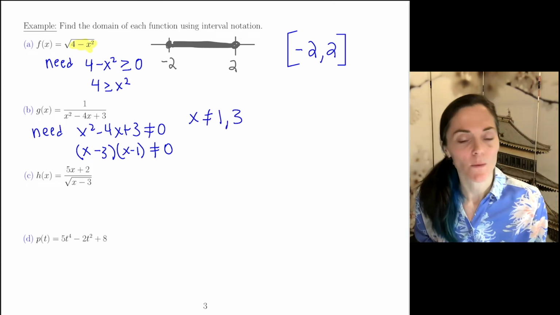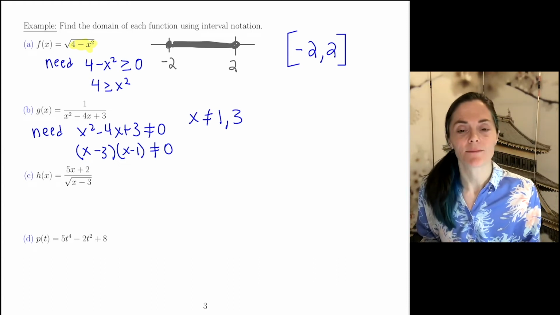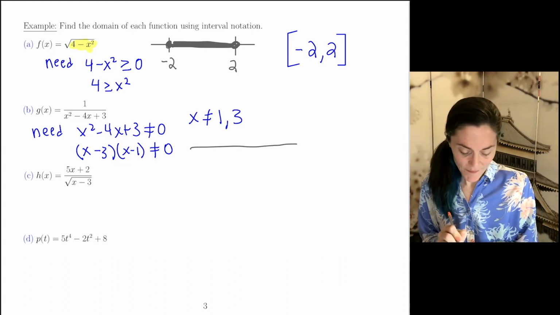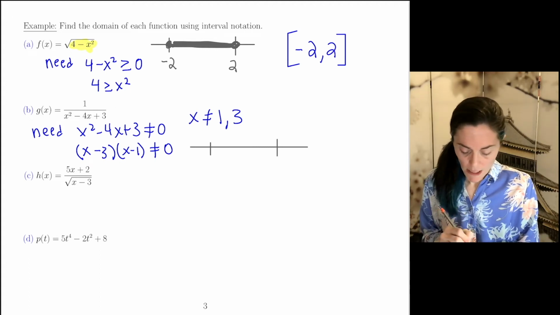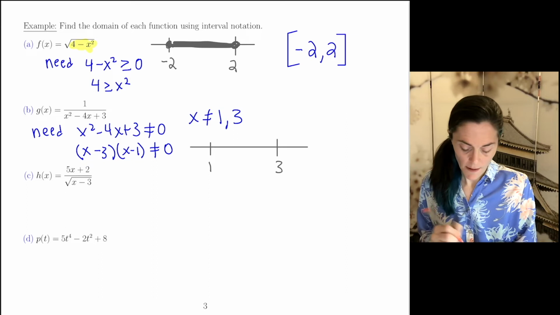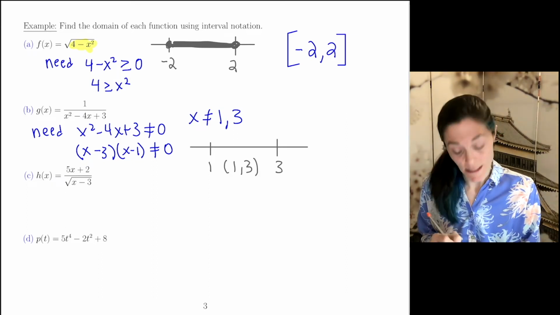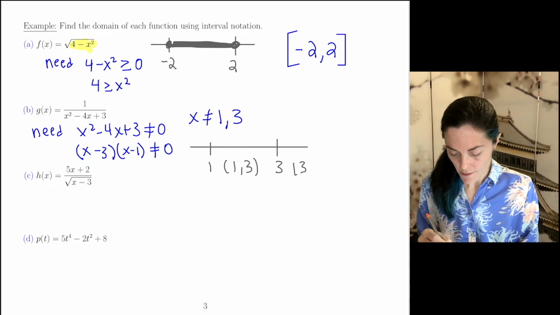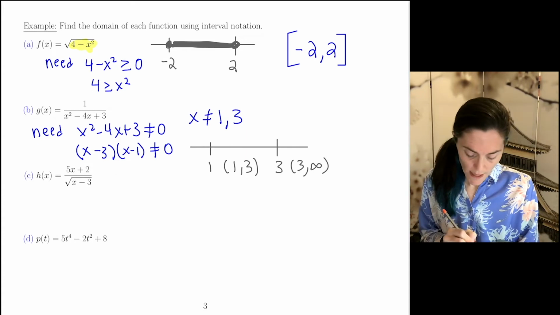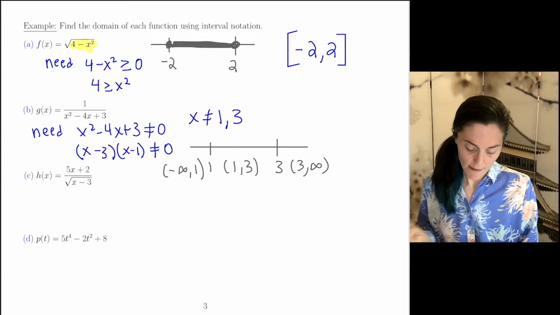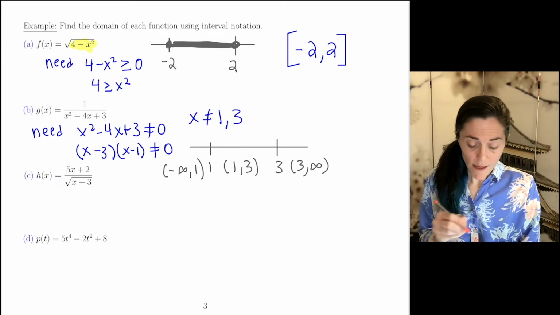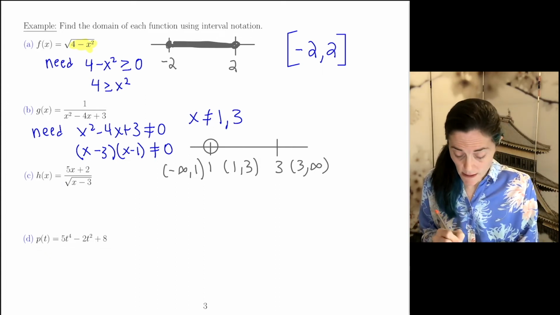And the question is, how do we write that in interval notation? We can do another number line. Here's 1, here's 3. So what this would be, we have under here the open interval 1 to 3. We have here 3 to infinity. And then we have minus infinity to 1. And the only thing required is this is not in our domain.